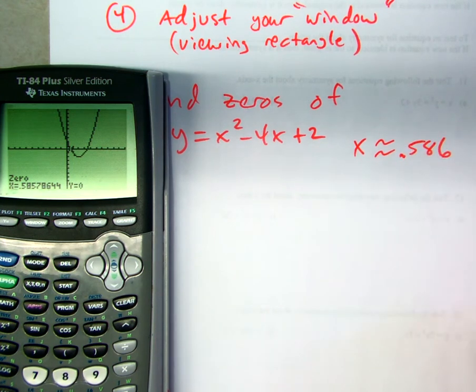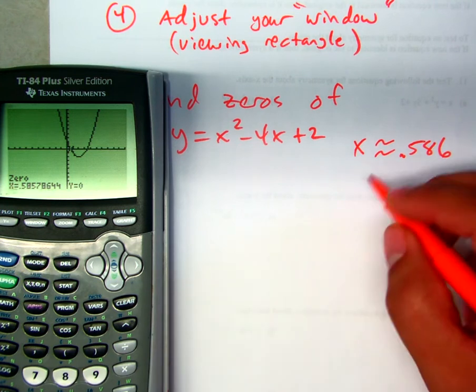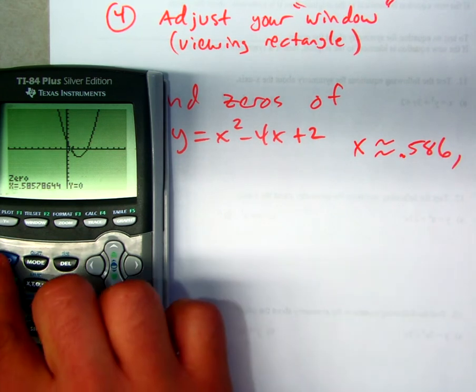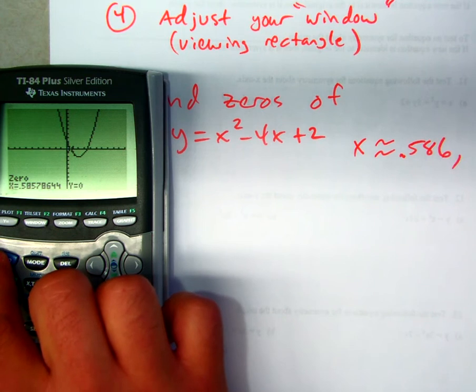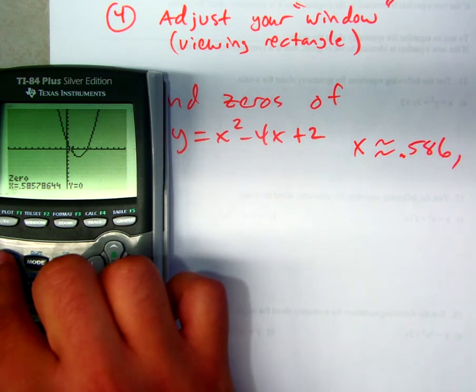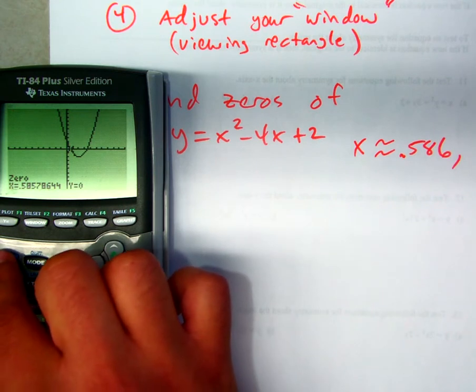That's one of them. Go ahead and find the other one real quick. Let's see if you guys can do that. Anybody have it yet? Go ahead, Katie. 3 point. Have you hit enter a third time yet?